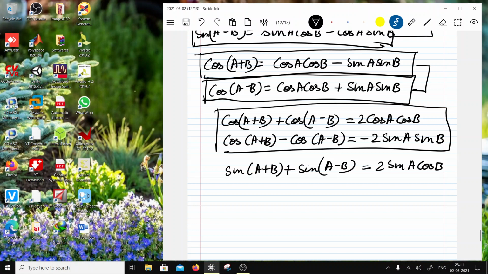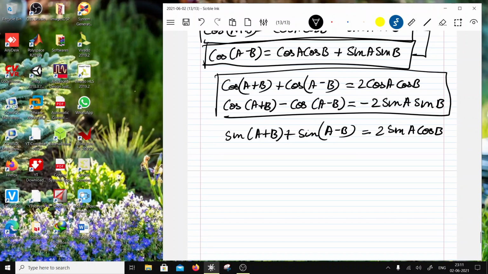Cos of a plus b minus cos of a minus b is minus twice sine a sine b, and then sine of a plus b plus sine of a minus b is twice of sine a cos b, and then I have sine of a plus b minus sine of a minus b is twice of cos a sine b, sorry.